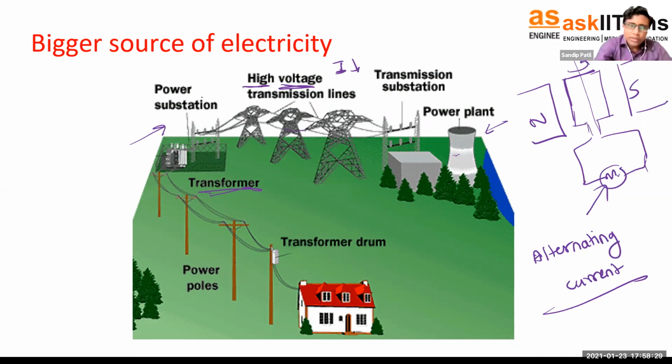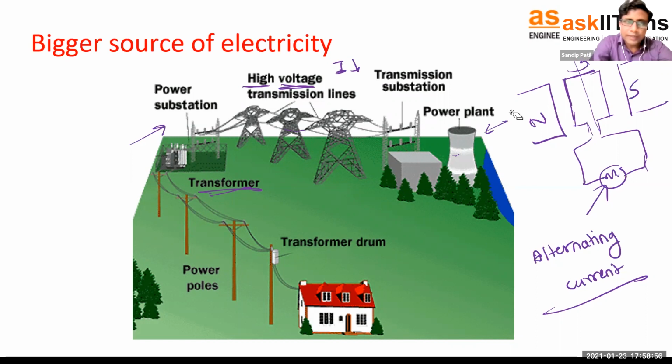So when it reaches the power station, or we can say the transformer, in the transformer we are going to lower its voltage, right? So when it comes into our home, it will have less voltage than the high voltage transmission lines. So you can use the transformer, depending on whether you have to increase the voltage or decrease the voltage, right?